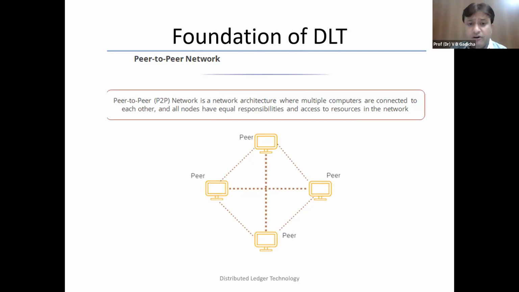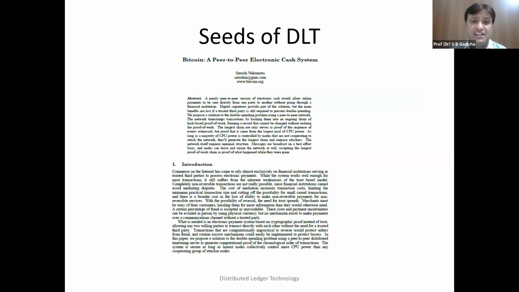So this was the very foundation of distributed ledger technology, and this is the first ever research paper. Mind you guys, this conference is on research, and see how beautiful things come out of research. This is why we are all talking and insisting about multidisciplinary research, a very important thing nowadays.